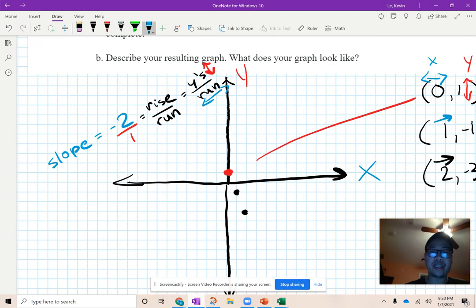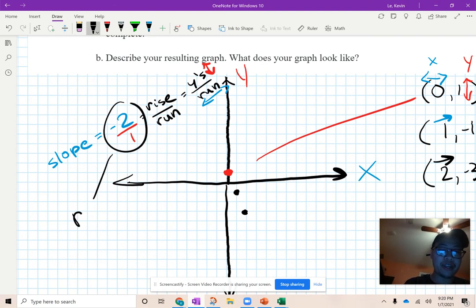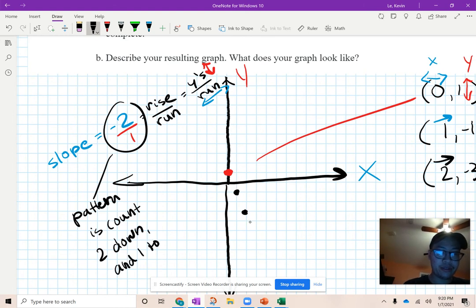So an easy way I can do this is I can basically say the slope pattern is count 2 down and 1 to the right. For slope.